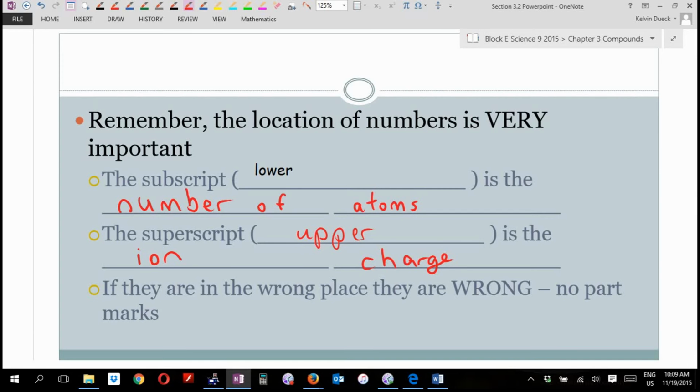In other words, if I said, tell me the chemical formula for magnesium sulfide, and you said, oh, it's Mg2S3.